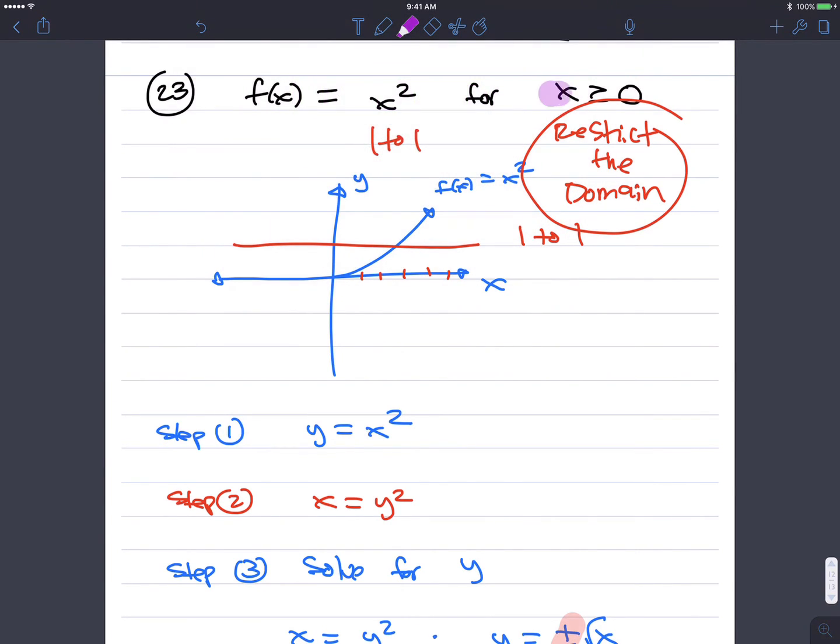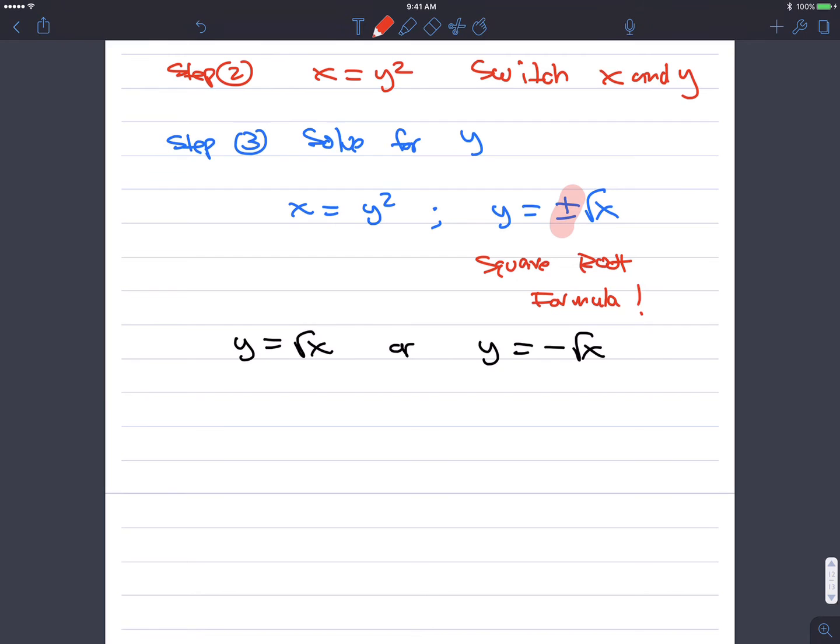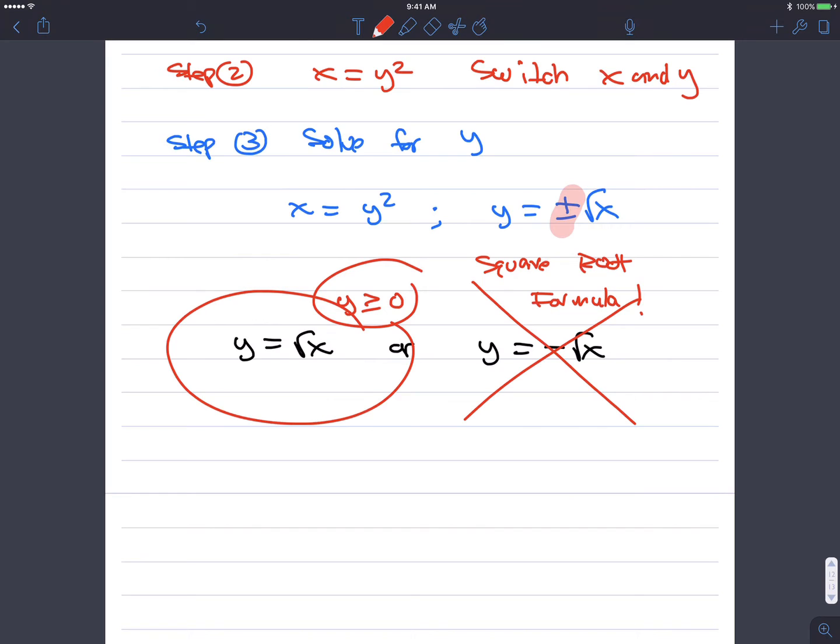Set it right here. I'll put it in purple. If x is greater than or equal to 0, and over here, what did we do? We switched x and y. If x is greater than or equal to 0, then what do you know about this? Let's write it here. Which one of these has y to be greater than or equal to 0? Which one's positive? First one. Good. Throw out this next one. Point being, step number what? 4.